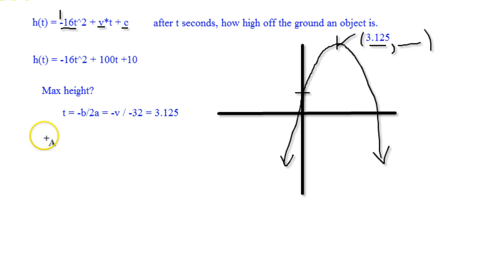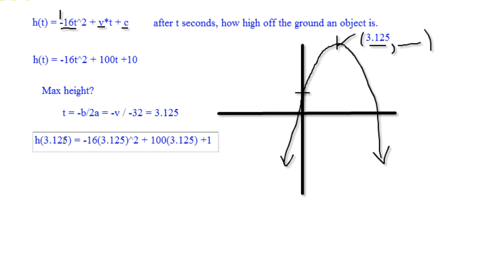Now, if I wanted to actually find out what that height would be, I would plug 3.125 into my function. So I'd go negative 16 times 3.125 squared, and then plus 100 times 3.125, plus 10, because I have to account for everything.